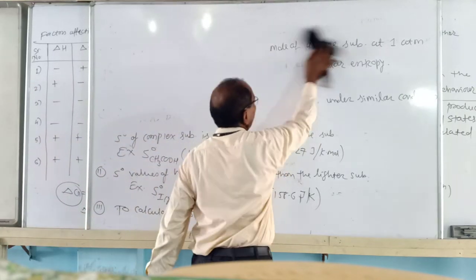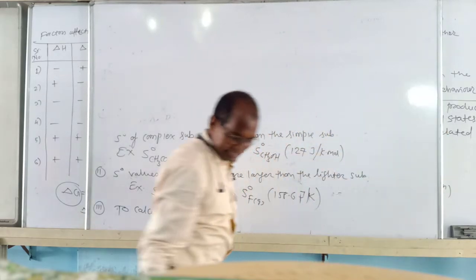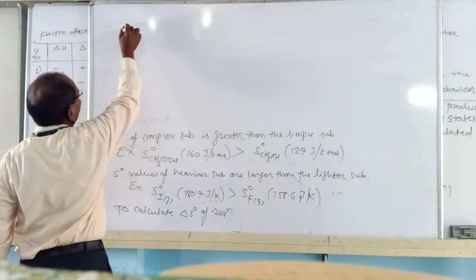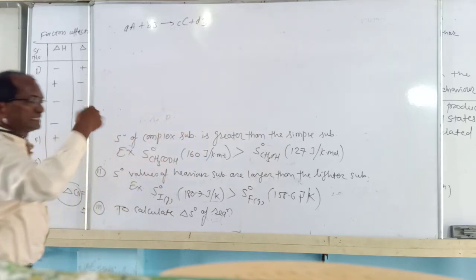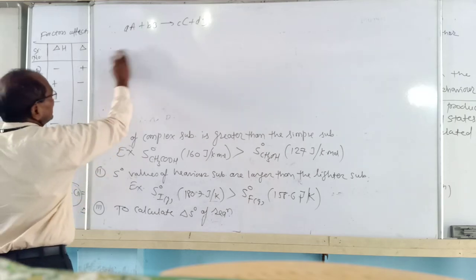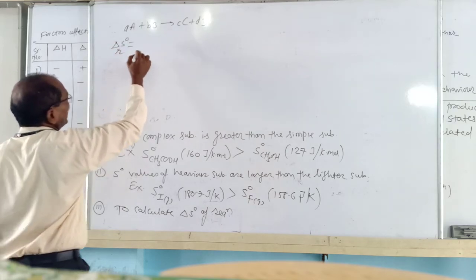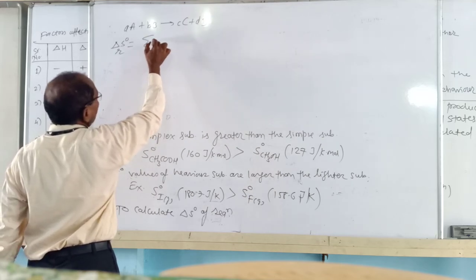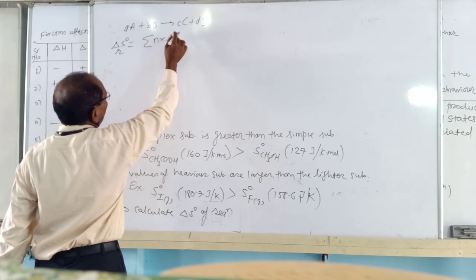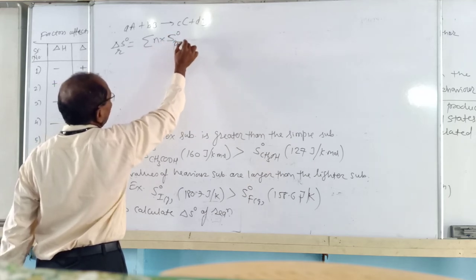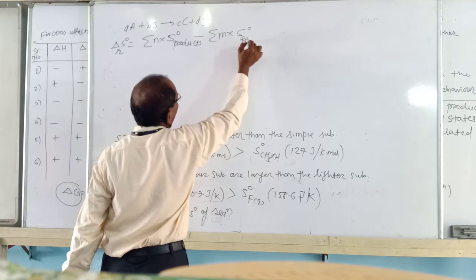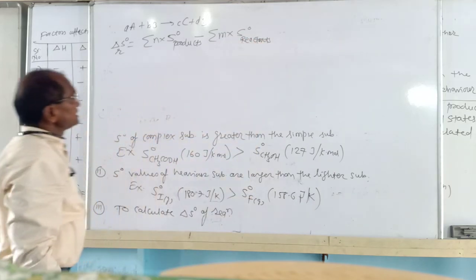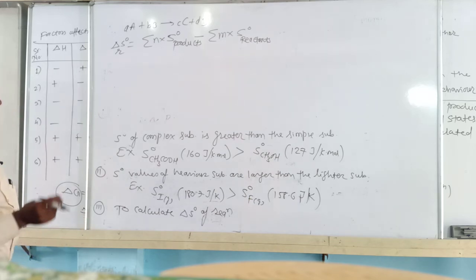Consider the general example of a reaction: aA plus bB converted into cC plus dD. Here, delta S0 of reaction is equal to the summation of n into S0 of products minus the summation of m into S0 of reactants, where m and n are the coefficients of reactants and products.